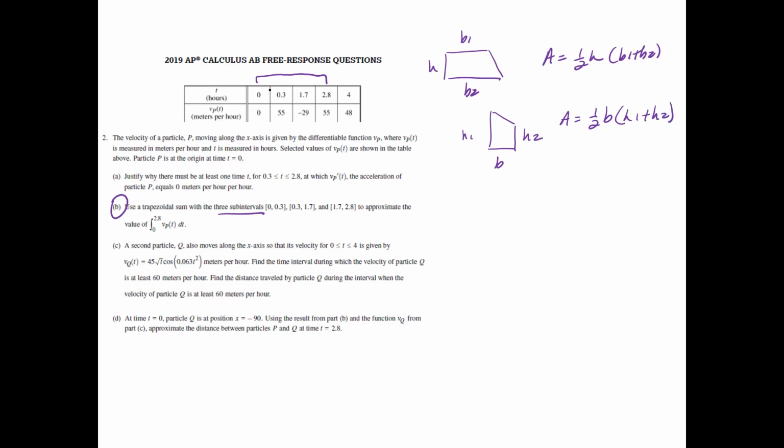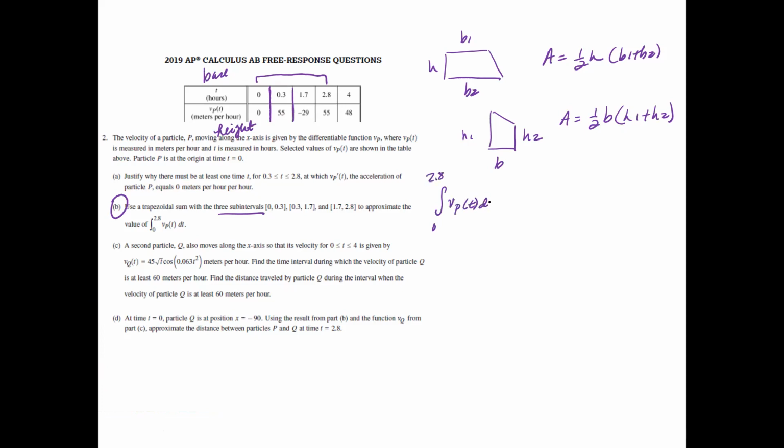That's important to know because these values over here with the y's, those are going to be your height. The hours are going to be your base. So then looking at this here, let's go ahead and set this up from 0 to 2.8.